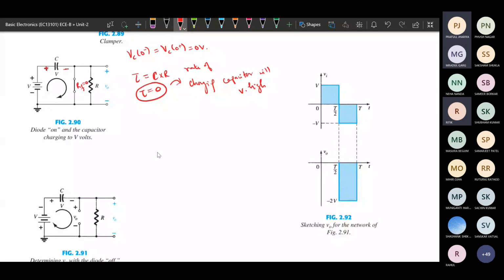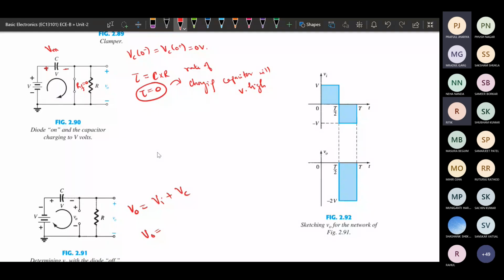So the output voltage when the diode is in reverse bias is the input voltage along with the voltage of the capacitor. In the positive half, the maximum voltage that will appear at the capacitor will be the Vm that we have applied.